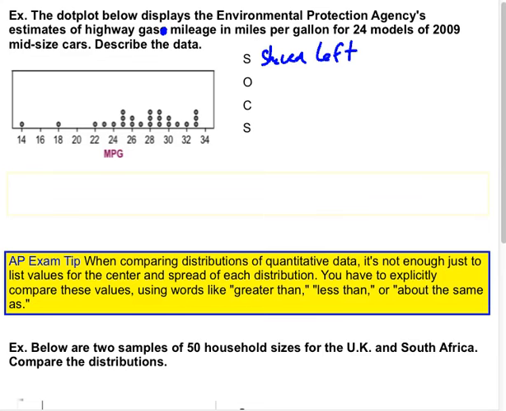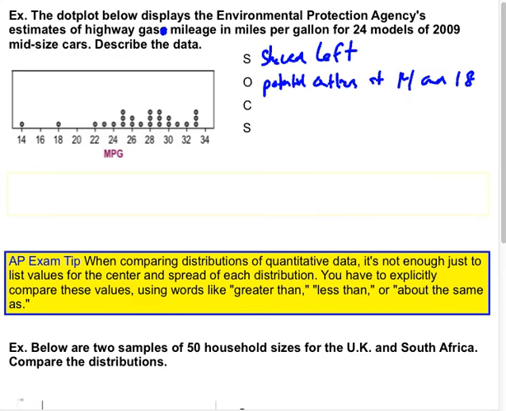Then we have 2 values that are pretty low compared to the others. So I'm going to say potential outliers at 14 and 18. Again, I use potential because they don't quite fit the pattern like the rest of them, but we don't know for sure if they're outliers. There is going to be a way to calculate this. We're just not doing it yet today.